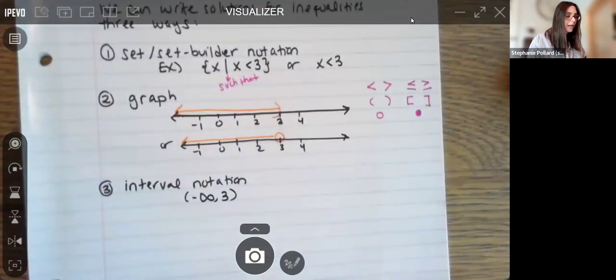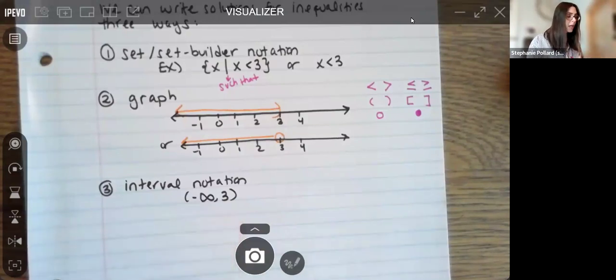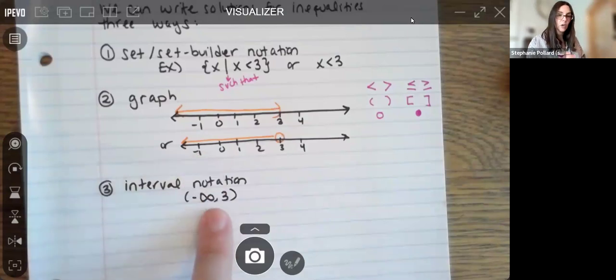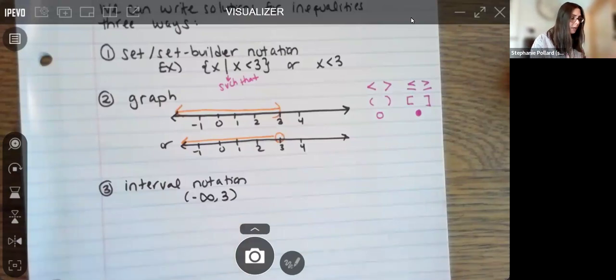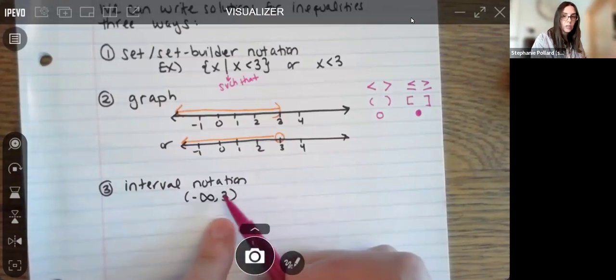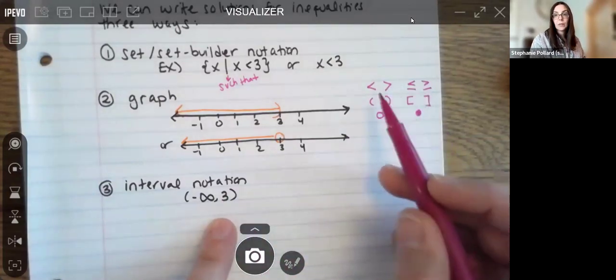The third way we write notation is interval notation. Now, interval notation kind of looks like a point, but it's not. It actually is a range of values. So this notation here says go everywhere from negative infinity to 3. A couple of things. One, we use the same notation, parentheses or brackets, based on the end value.